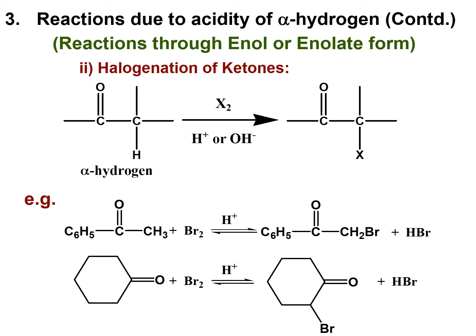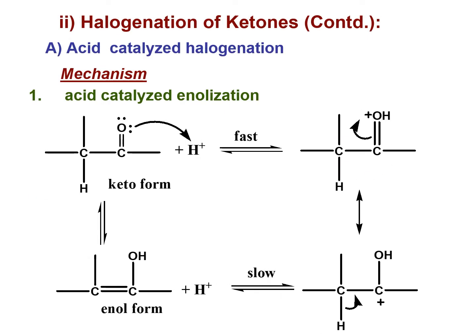Then the second reaction was the halogenation, where we have an alpha acidic hydrogen that will be replaced by a halogen. And we said that this reaction can proceed either in acid medium or in alkaline medium, and they differ totally from each other in how they proceed and in the final product obtained.